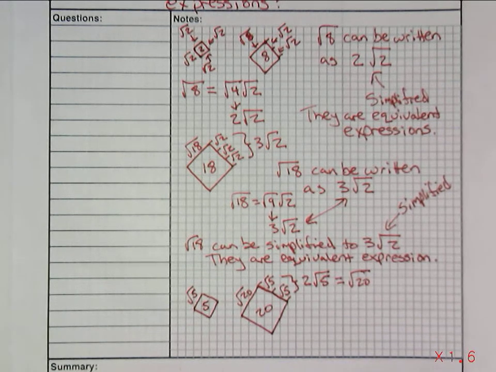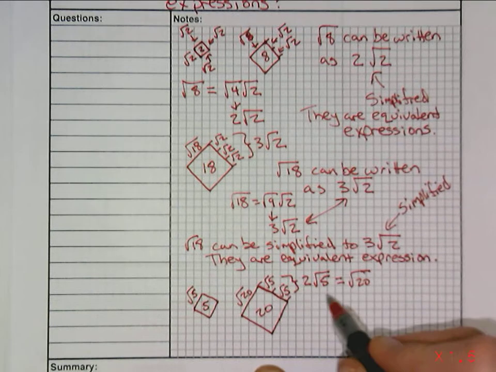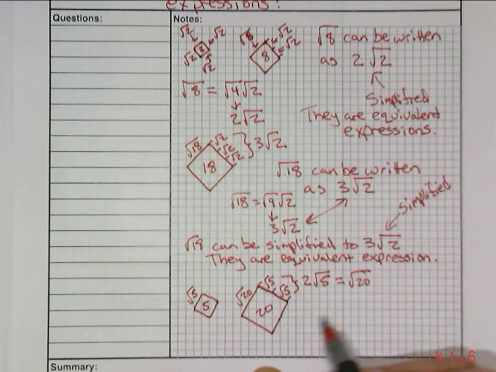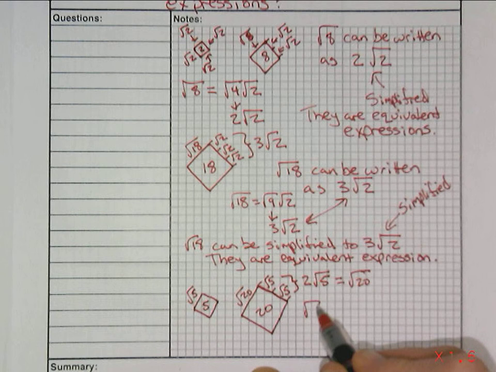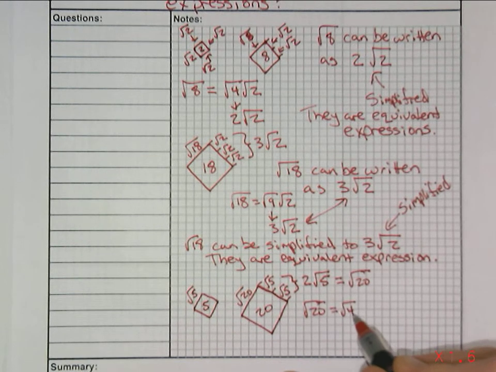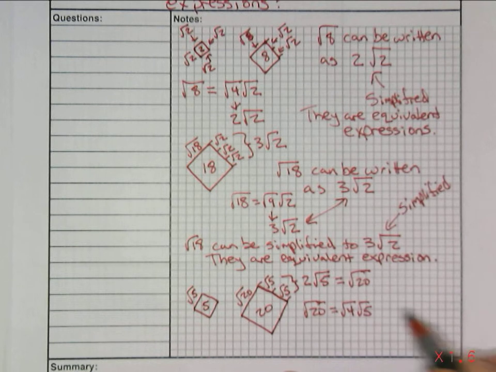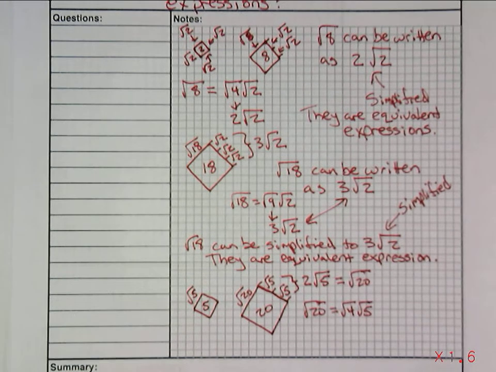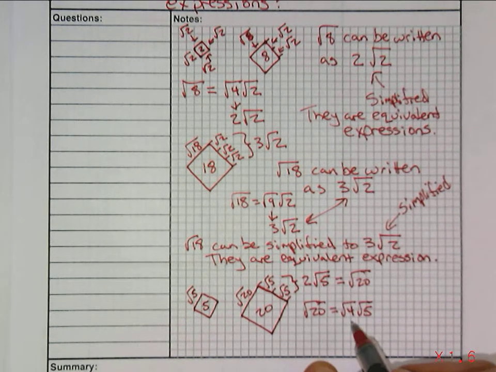So again, I have a simplified radical form. This is my simplified radical form. And I could have, if I had thought about the factors of 20, which are 4 and 5, so you can actually factor square roots. So the square root of 20 is the square root of 4 times the square root of 5. But I know what the square root of 4 is. That's equal to 2.